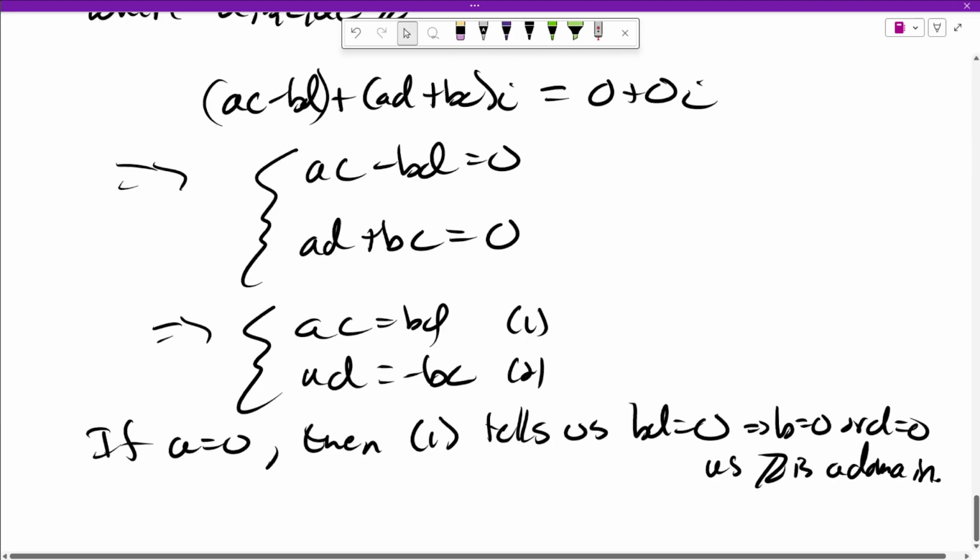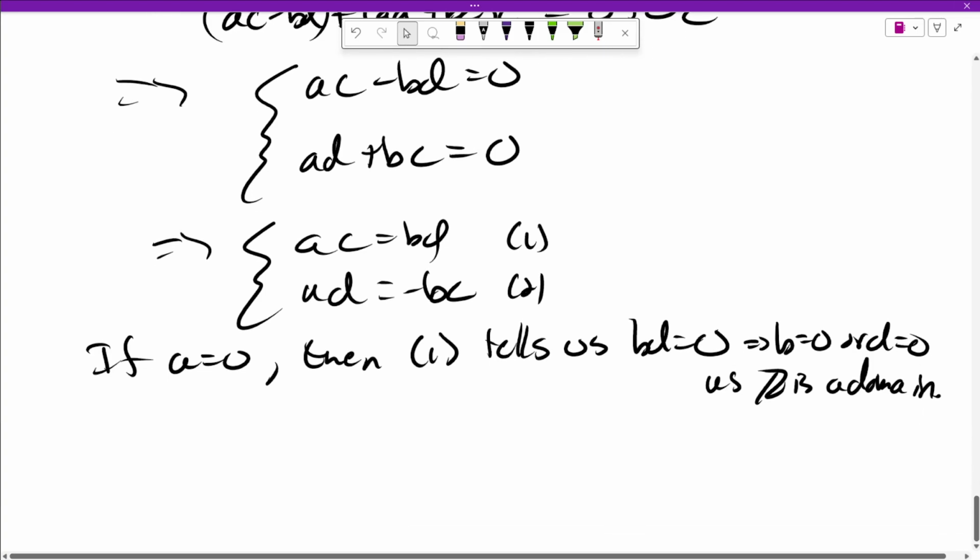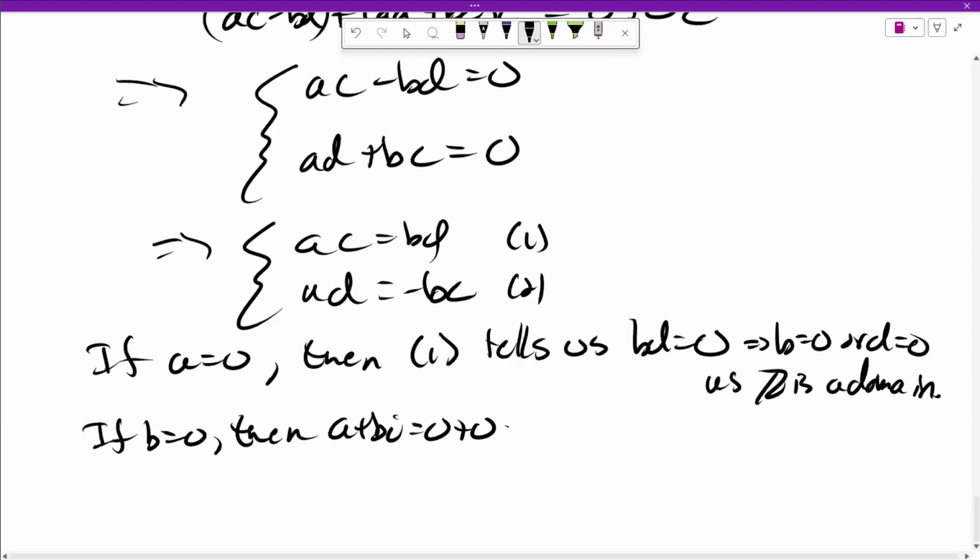So we're using that it's built with a domain to do this. If b is equal to 0, then a plus bi is 0 plus 0i, and we're done. So this shows that one of the elements is 0, so we're done.